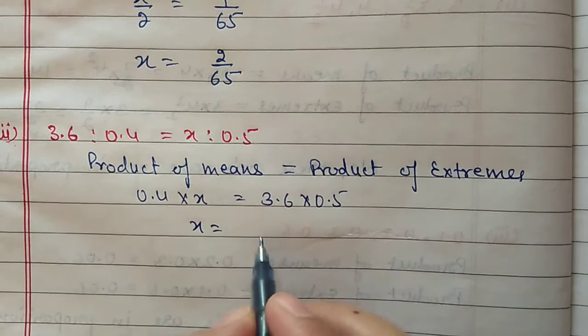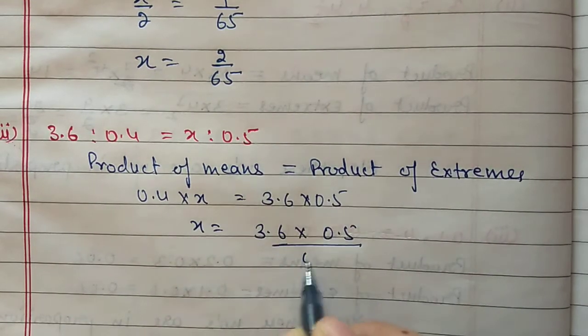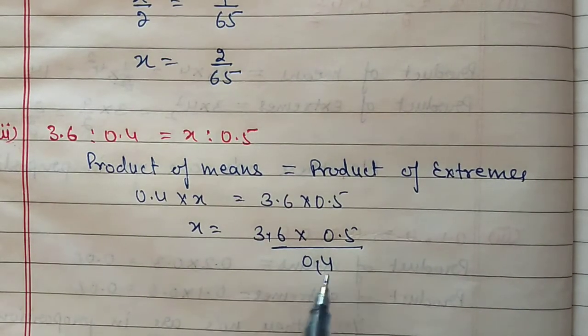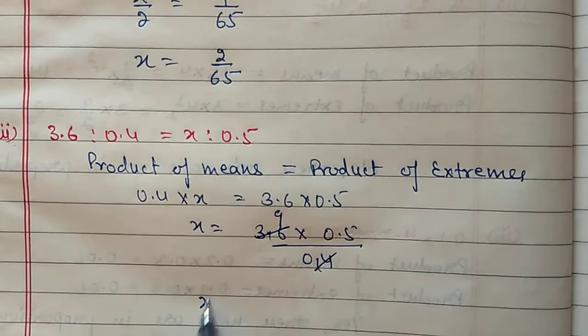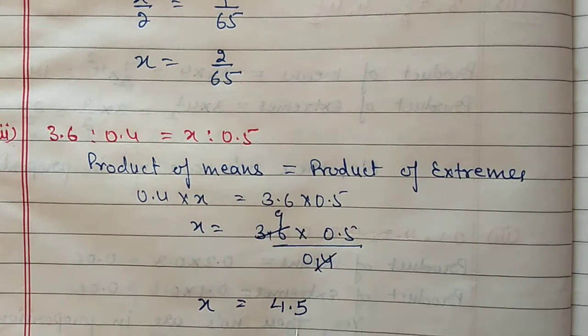So the x value will be 3.6 into 0.5 divided by 0.4. So you can cancel the point here, 1 point here, 1 point here, and then you can cancel: 4 9s are 36. So the x value will be 9 into 0.5, 4.5.